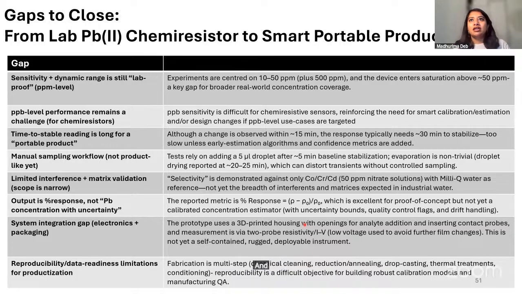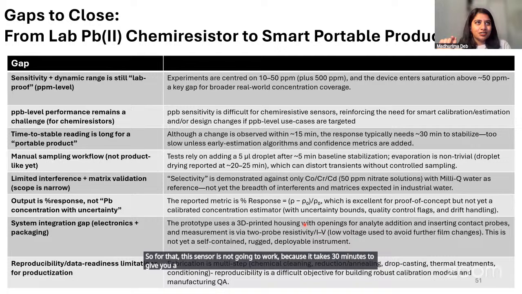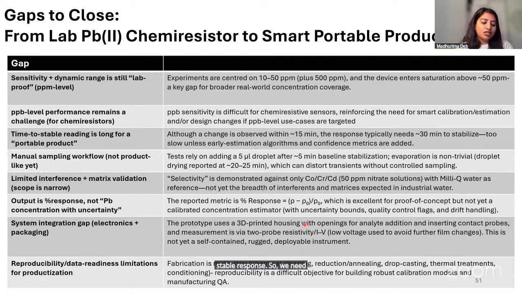When it comes to a portable product, no one has time nowadays, so they want instant results and instant alerts. For that, this sensor is not going to work, because it takes 30 minutes to give you a stable response. So we need to calibrate the sensor in such a way that we take the very first 5 minutes, or the very first data point, and calibrate with that data.